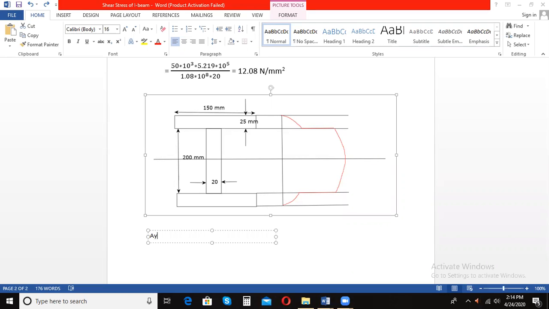AY bar is equal to, first let us consider the web part, the half of the web. See, the total depth of the web is 200 mm. So how much is this going to be?